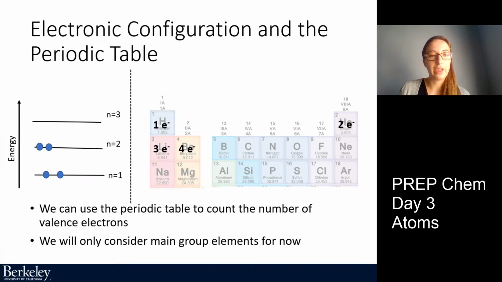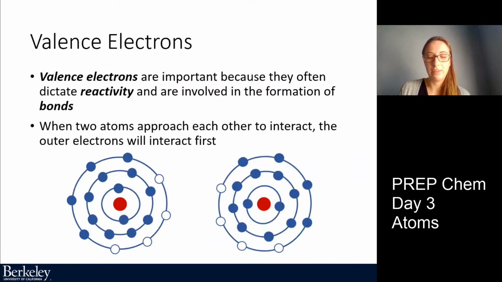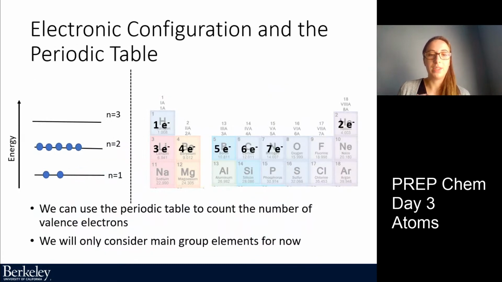And then we can keep going, and as we add more and more electrons, we keep successively filling up these levels. Hopefully this is a better way to visualize how this actually occurs. So basically you can use the periodic table to count how many electrons are in your element, and then relate that to which energy level you're in.